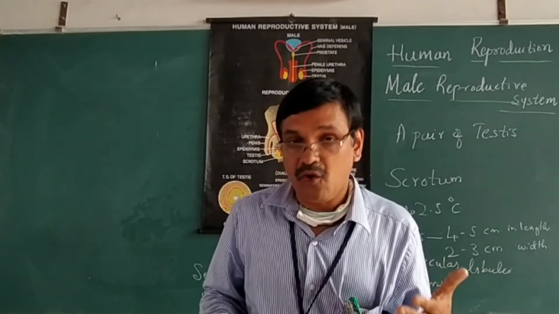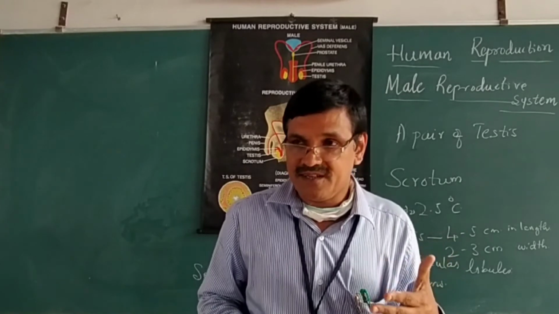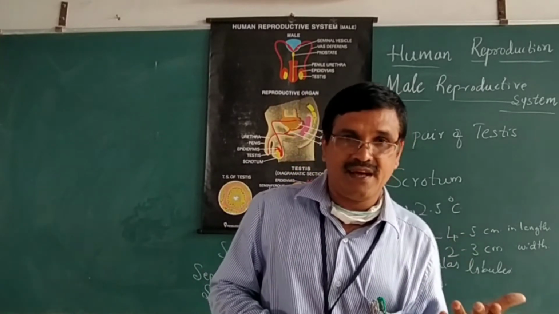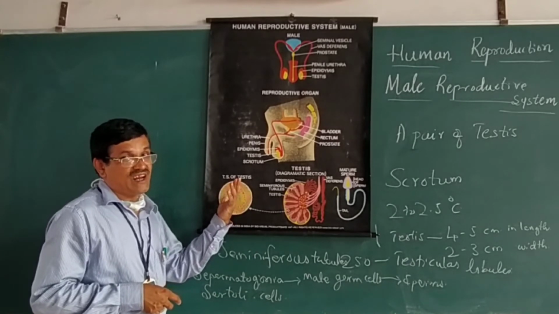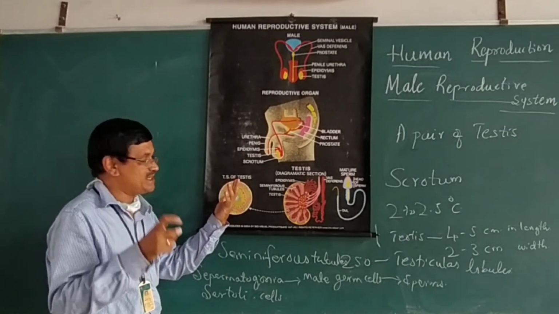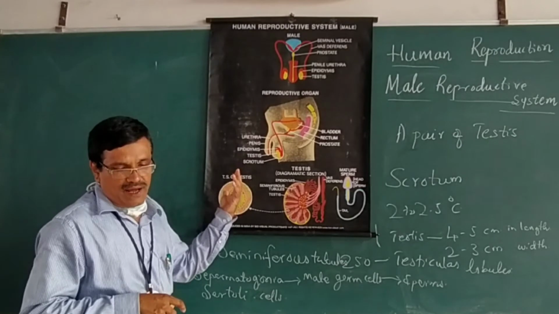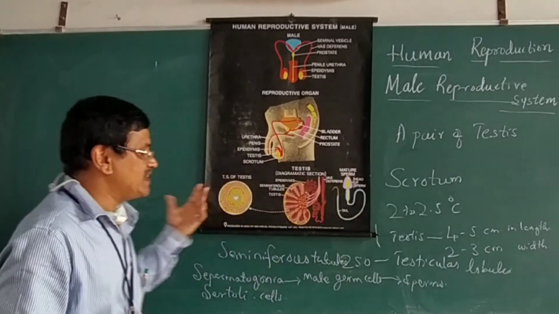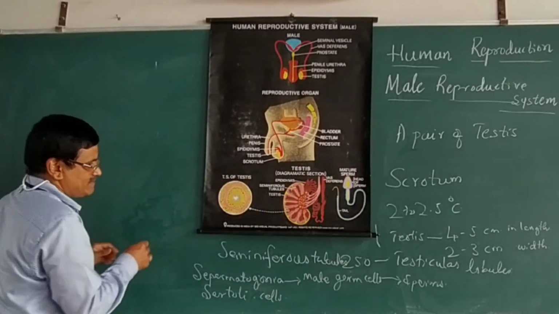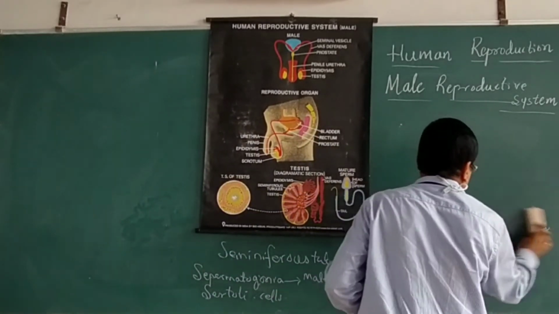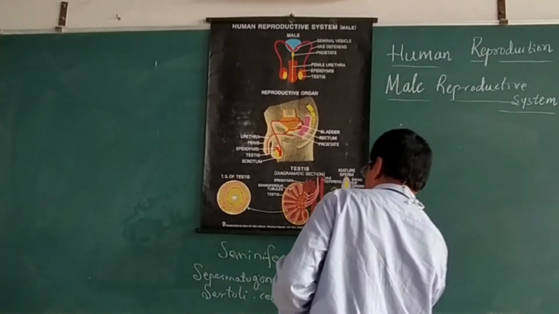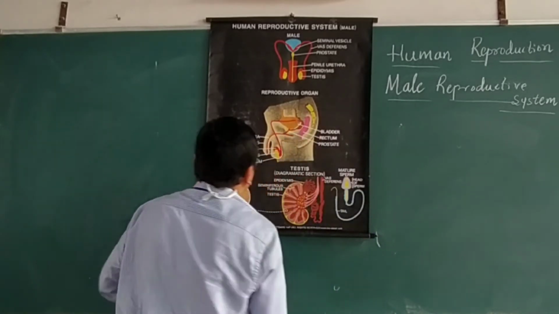That is, immunological cells are there, blood vessels are there, nerve fibers are there, and apart from this, there are groups of specialized cells known as interstitial cells of Leydig, or Leydig cells.